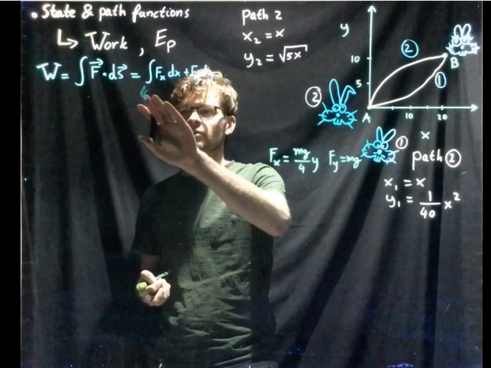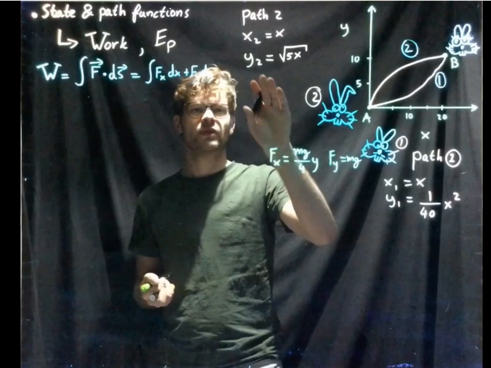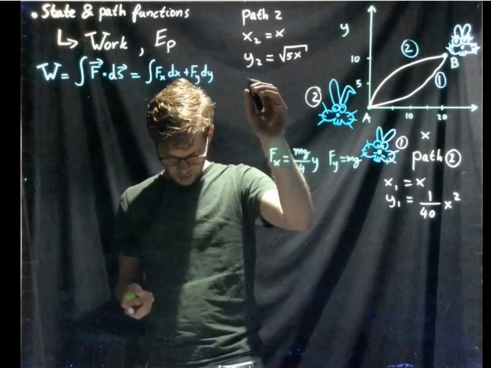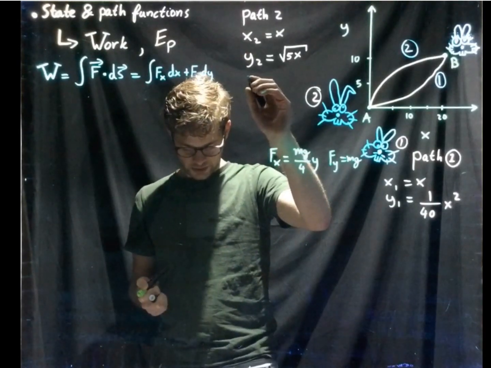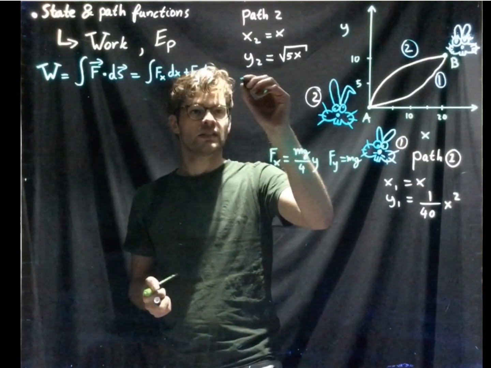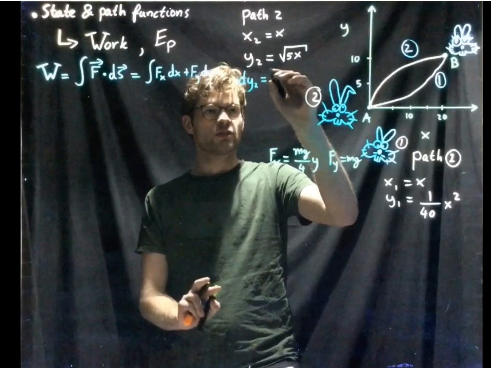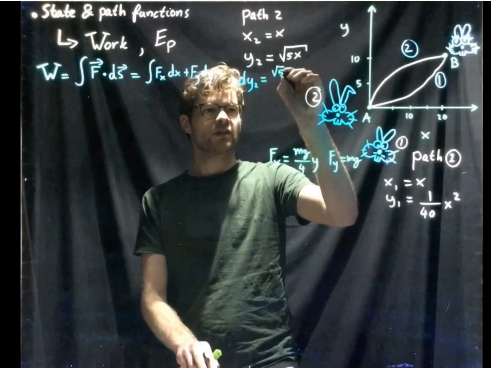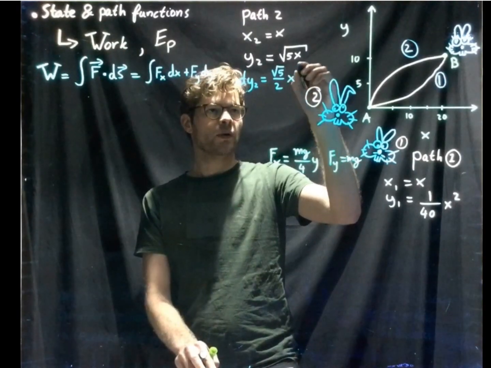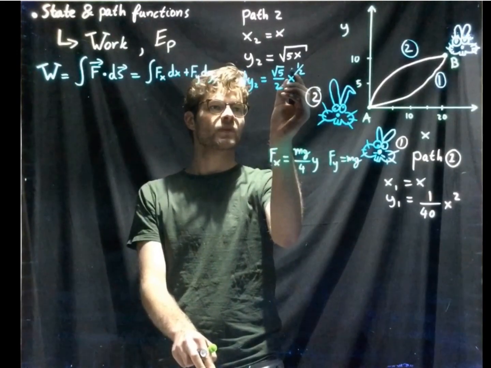It's most convenient to have everything in one single variable, so I'm going to express dy as a function of x, and you can check for yourself whether you get to the same answer. dy2 is equal to the square root of 5 over 2 times x to the power minus 1/2 dx.